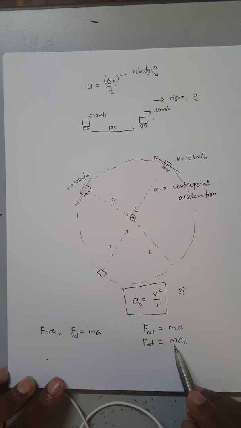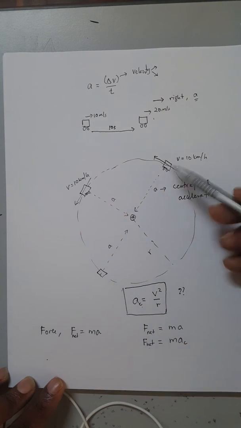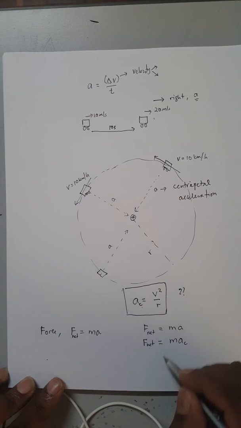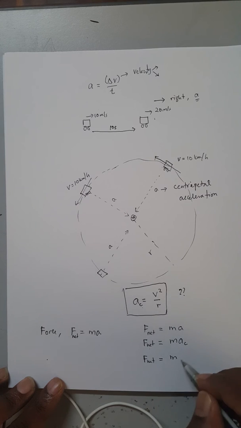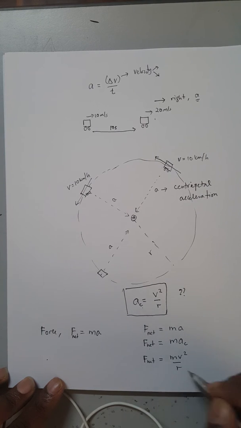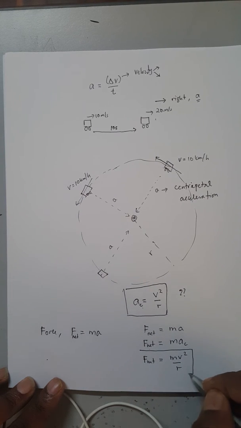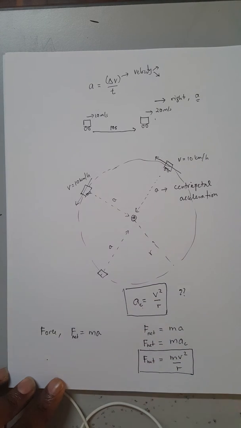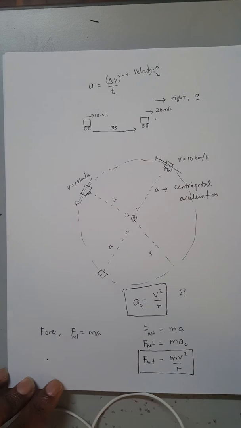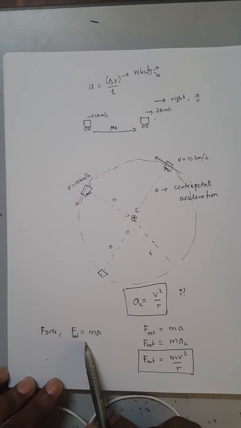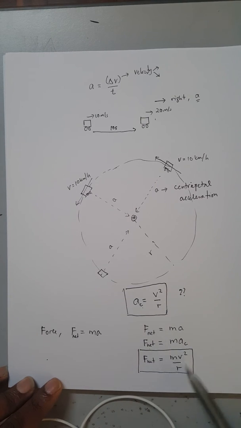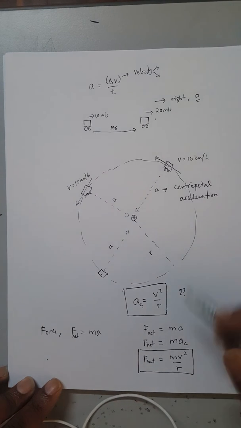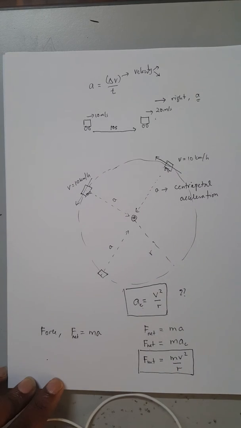So F net will be mass times its acceleration towards the center, which we write as a_c, and what we get is F net equals m a_c, which is m v squared over r. So this will be the formula. You all get it? So for linear motion, F net equals ma. For circular motion, the net force will be m v squared over r, and the formula for acceleration is v squared over r.